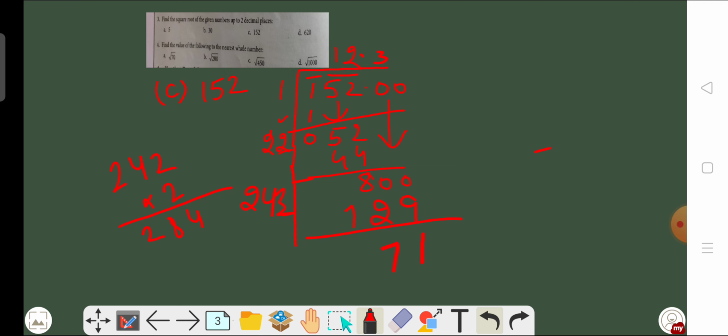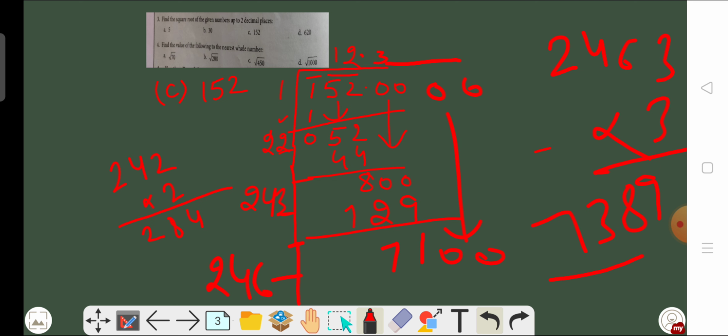Okay, now again what do we have to do? Again we have to bring a pair of zeros down. Again we have to find the divisor. So this time this will become 246, and again we have to find the unit place. Same as before, if we put 3 here, then 3 3 ja 9, 3 6 ja 18, 3 4 ja 12, and 1 13, 3 2 ja 6, and 1 7.